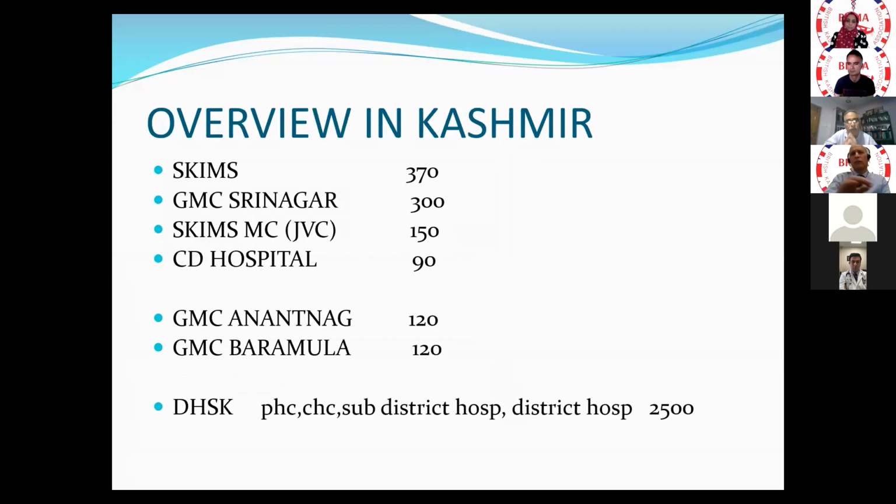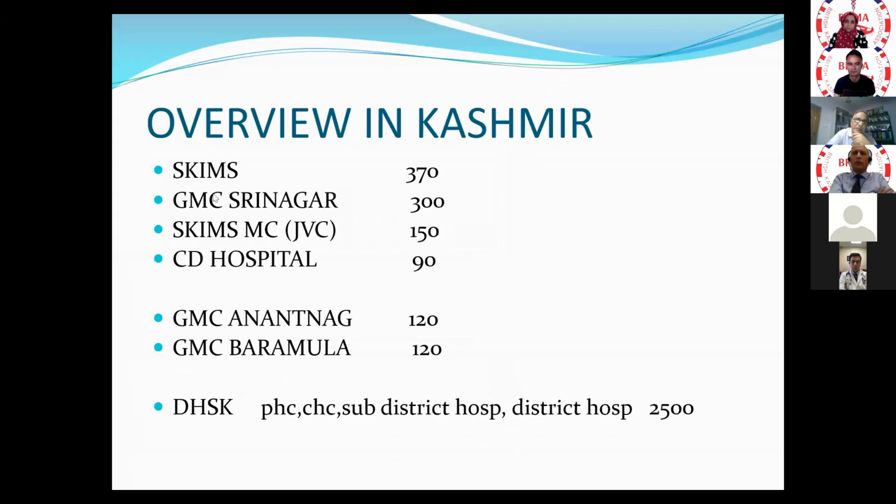For an overview of the facilities which we have in Kashmir, as Dr. Farooq also mentioned some of them, I think there was a lot of overhaul since the start of the pandemic last year. There was creation of new beds, new facilities.